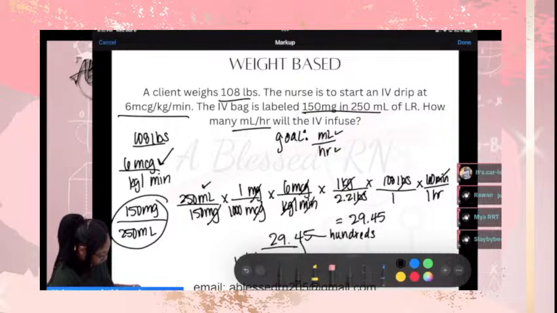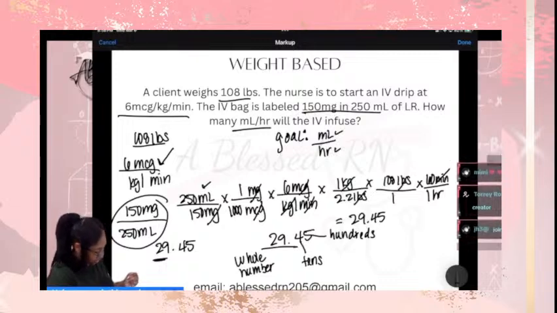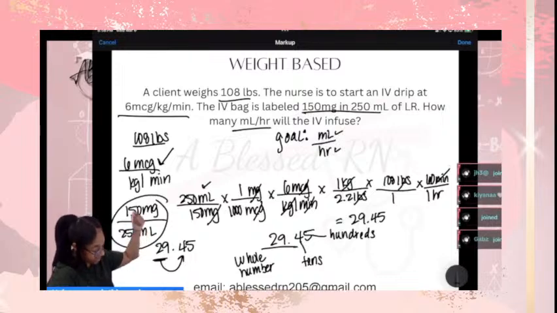Let me write it somewhere different. So if it tells you to round to the nearest whole number, think round right. So this is the whole number, right? Everything on the left side of the decimal is a whole number. So we go one space to the other side of the decimal, which is your tens. And if that is a 4 and below, that number stays the same.